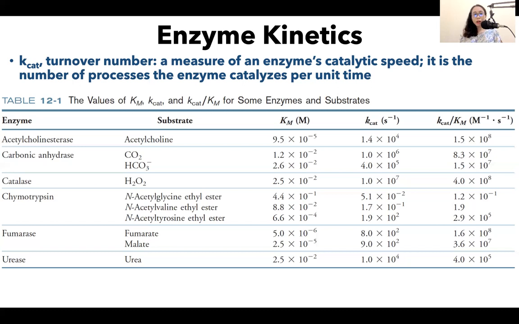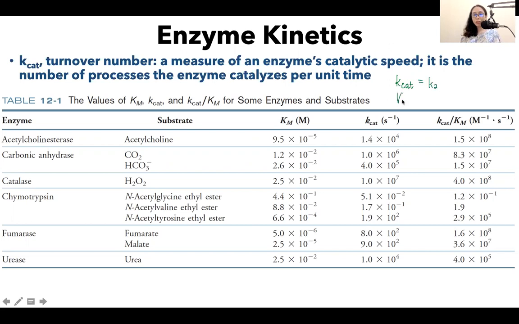For that two-step mechanism, our Kcat is equal to k2, the rate constant for the second step in the mechanism.